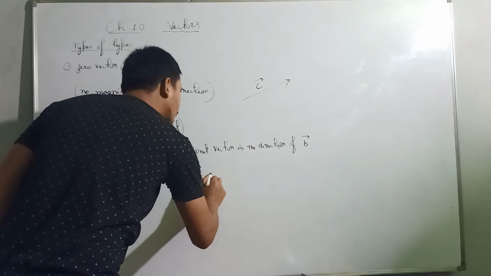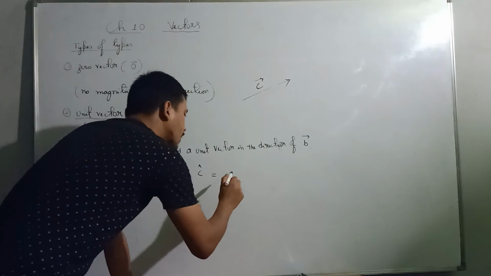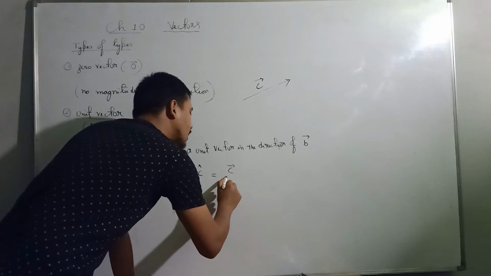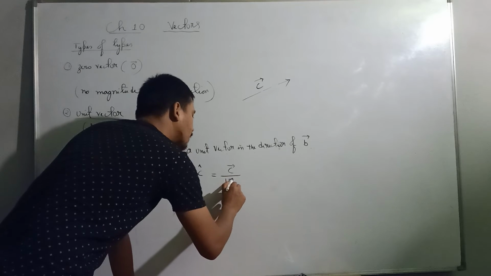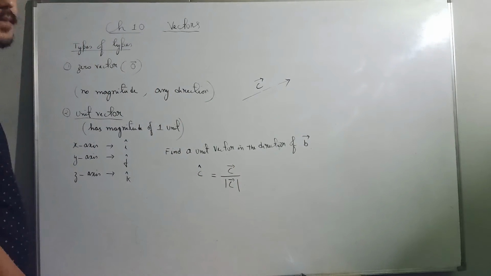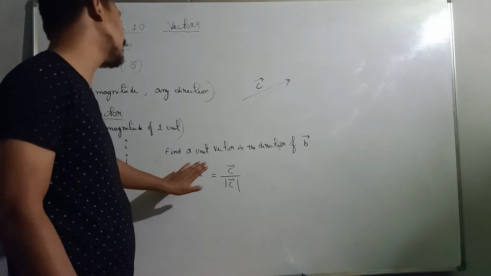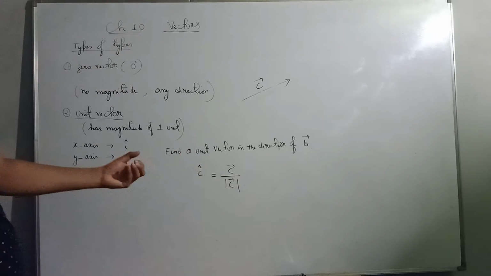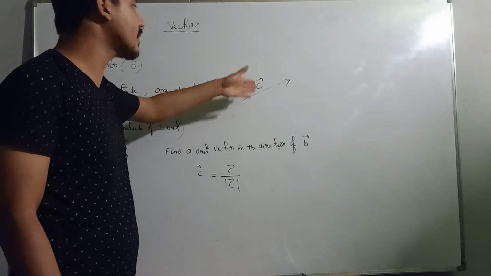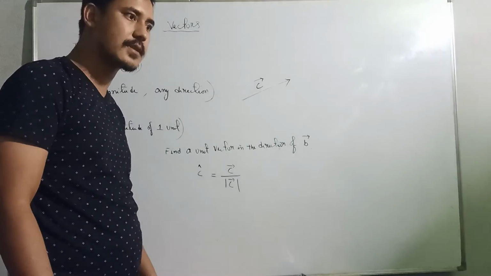This unit vector can be determined by vector C upon the magnitude of C. This is how we can find a unit vector in the direction of any given vector.